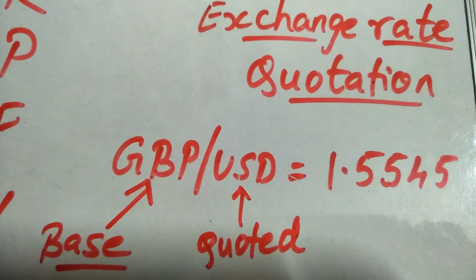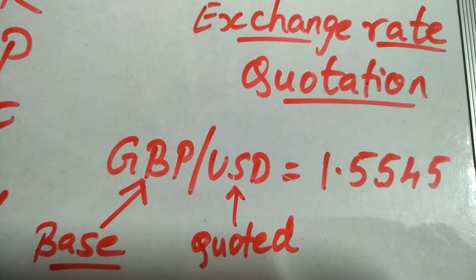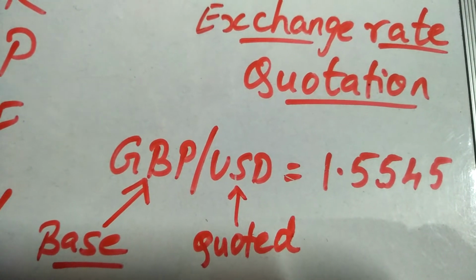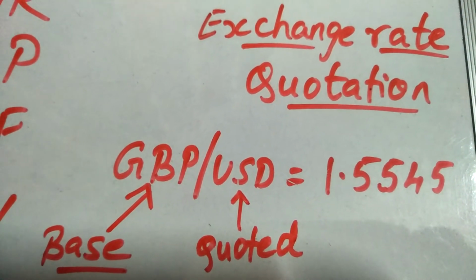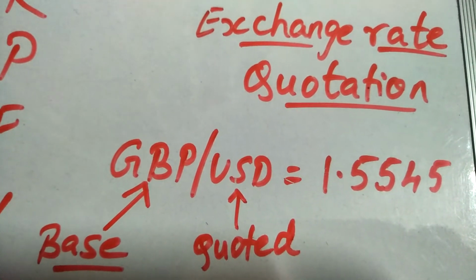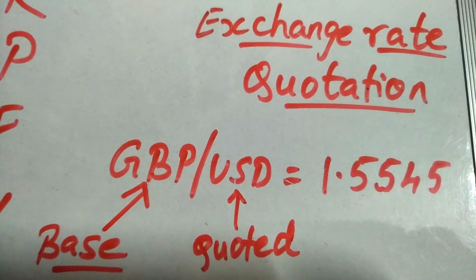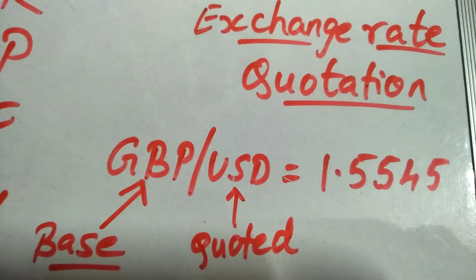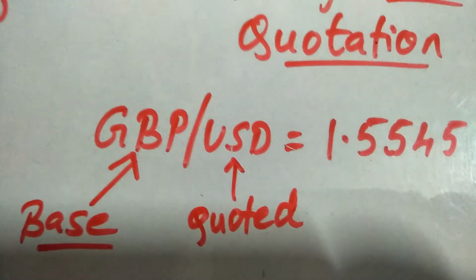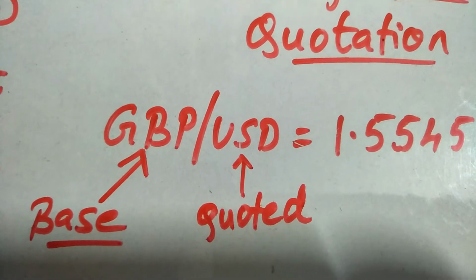So if you want to purchase 1 pound, you will have to shell out $1.5545. This means that the pound is costlier as compared to the USD. That is why you have to pay more than $1 just to purchase 1 pound. Like I said, GBP in this quotation is the base currency and USD is the quoted currency.